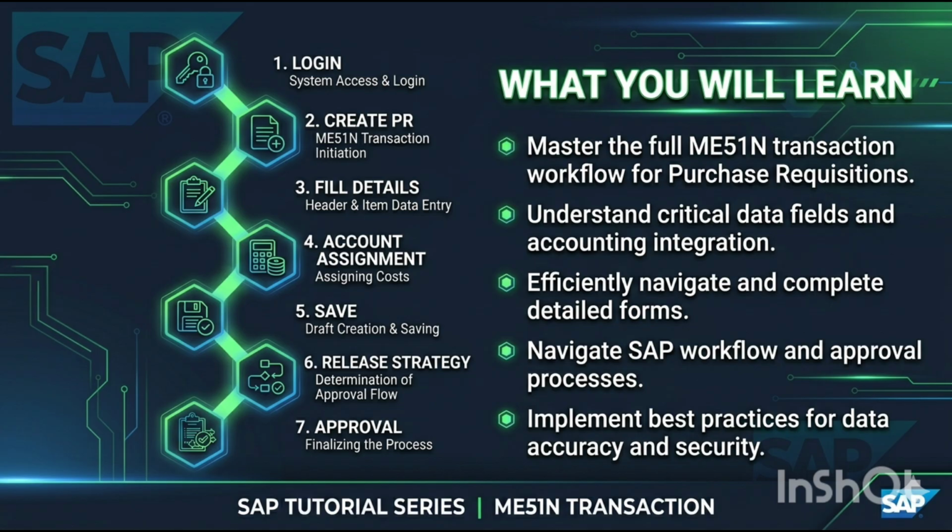Finally, we will explore how to check PR status using ME53N and generate reports with ME5A and ME2N. By the end of this tutorial, you will be confident in creating and managing purchase requisitions in SAP, and this knowledge is essential for anyone working in materials management, procurement, or finance teams. Let's move forward step by step.